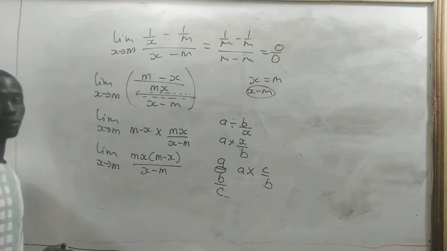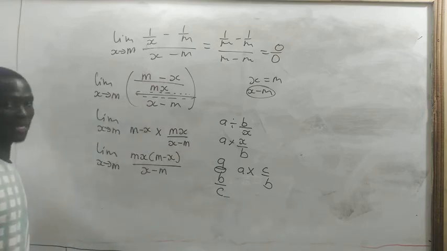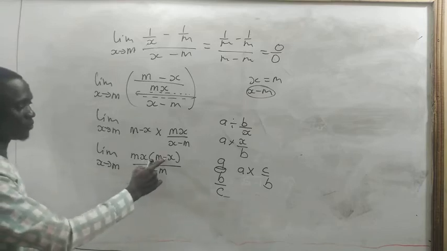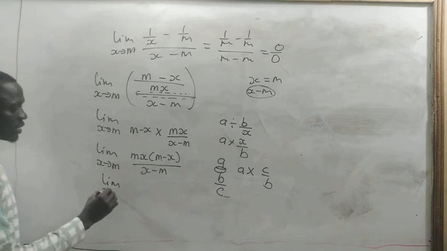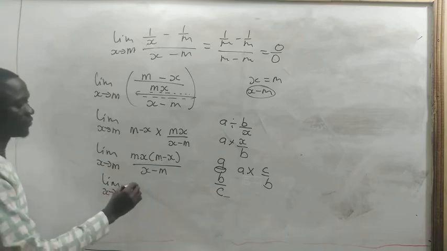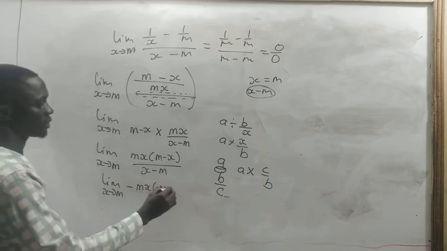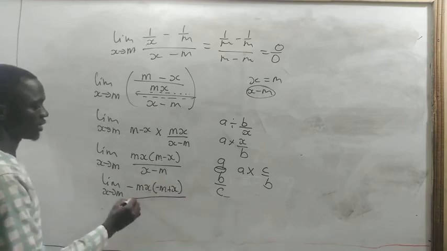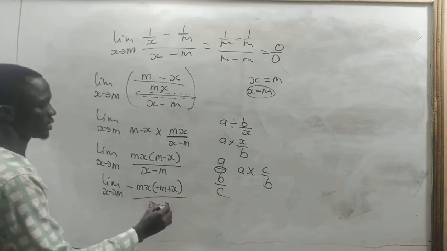Wow, we are not getting the common factor. But we've done this one already in the previous example. So I'm going to factorize negative 1 out. So I'm going to have the limit as x approaches m, negative mx times negative m plus x, all divided by x minus m.